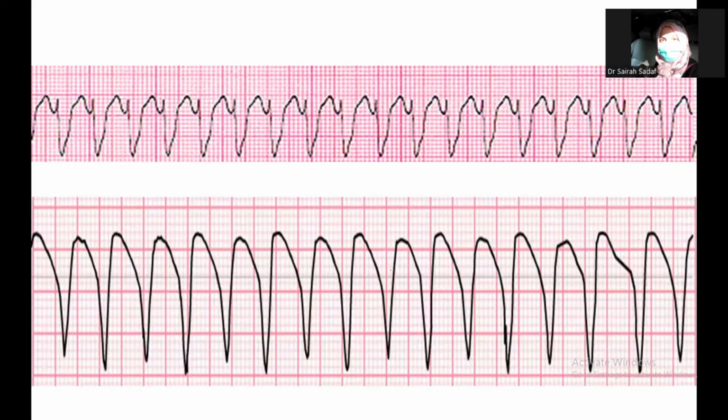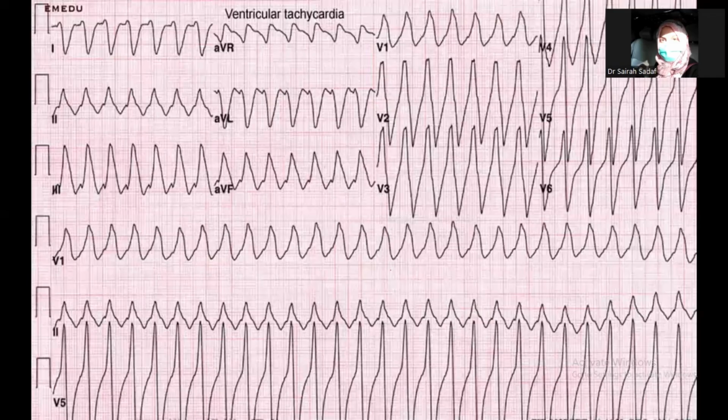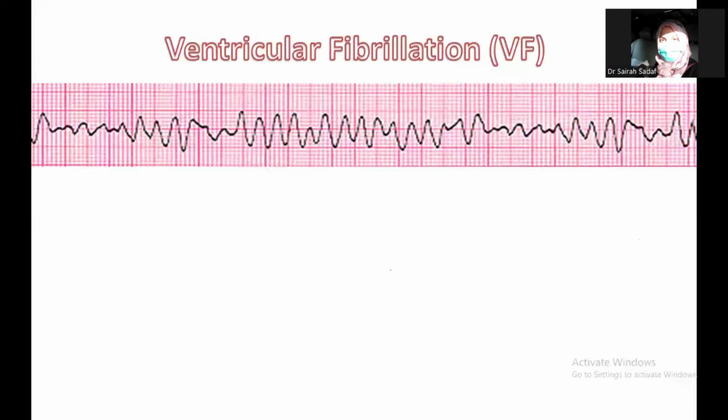So it may appear like this, different shapes of ventricular tachycardia. This is a full 12-lead ECG of ventricular tachycardia. In different leads, it will appear differently. Now, ventricular fibrillation, that is known as cardiac arrest as well.